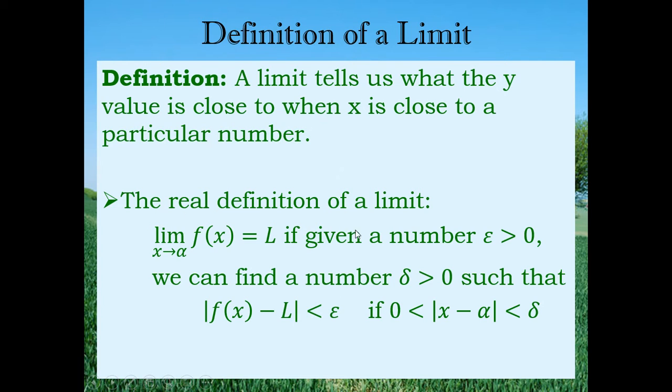Now, here's a very convoluted definition that when you get to calculus, you'll describe a little bit more. But basically what this is saying is that as the input gets closer and closer to some value alpha, then the limit of this function gets closer and closer to the value L.